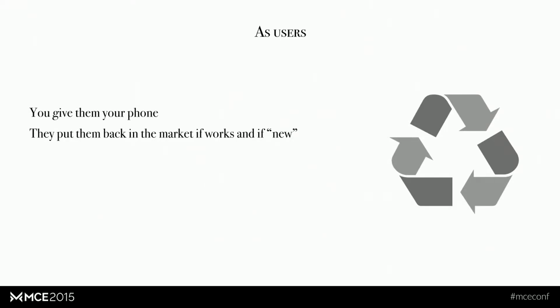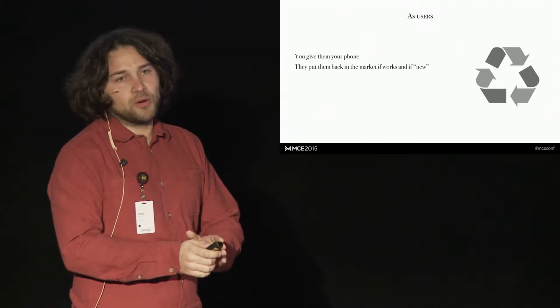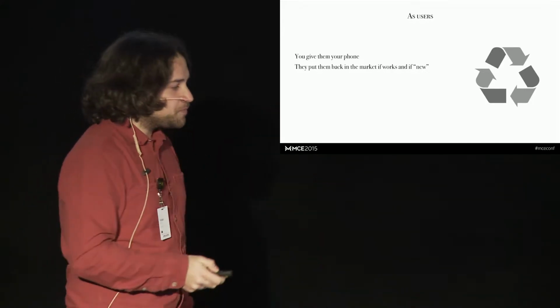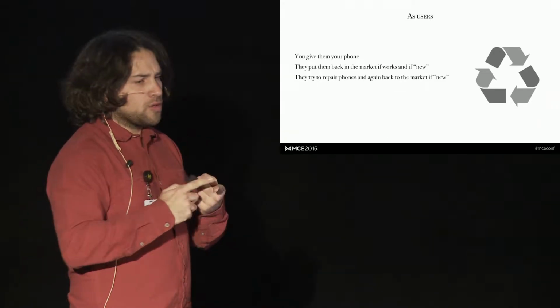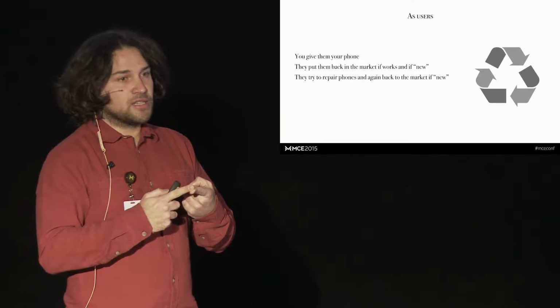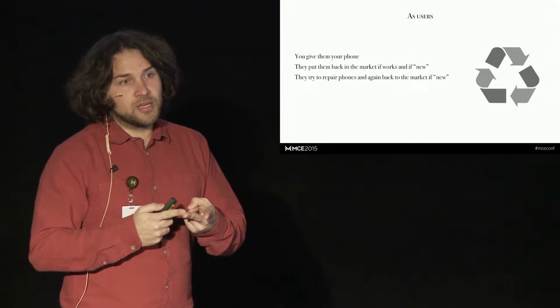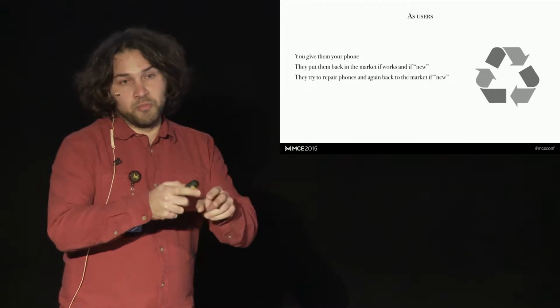If it works, we sell it again in the same country or a similar country. If something is broken, we try to reuse some parts, especially the screens, because they are what breaks the most, or the cameras. They try to recycle those things.